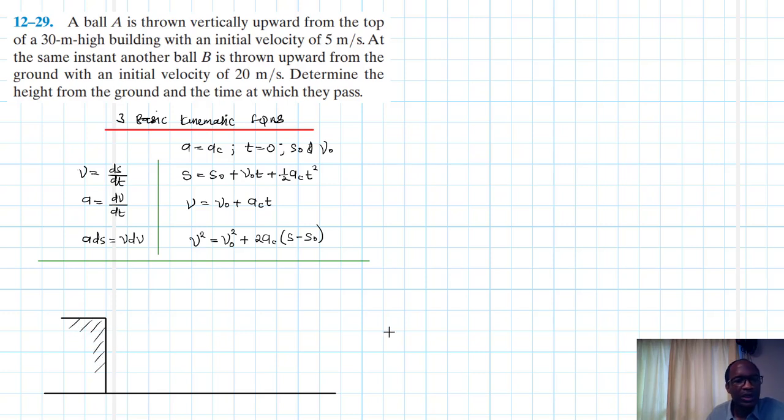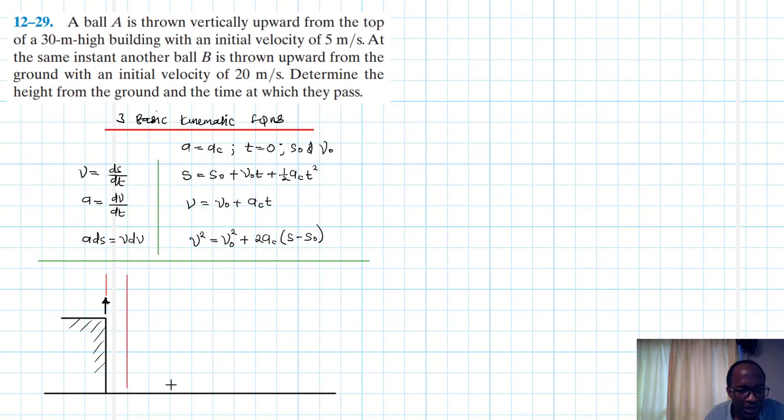This is our building, 30 meters, and then a ball is thrown from this point in this direction, with this velocity. Let's draw the path in red. We have this path, and let's imagine the ball comes down like so.